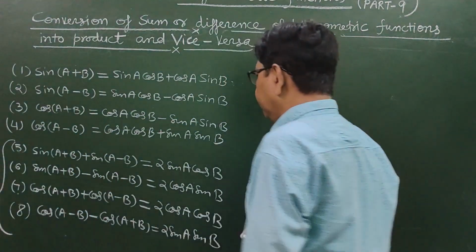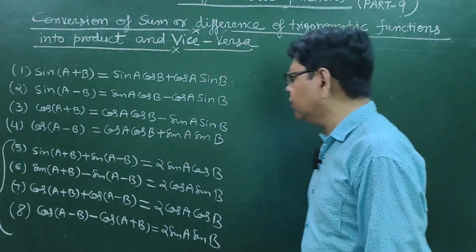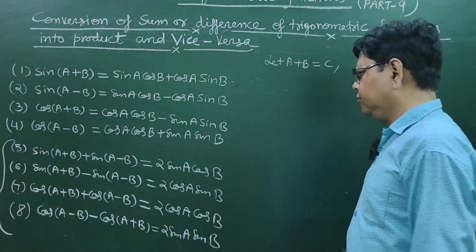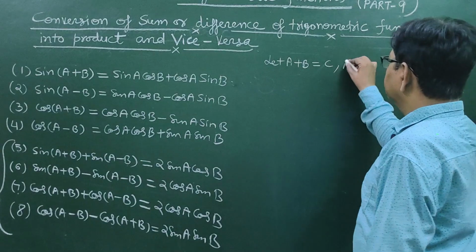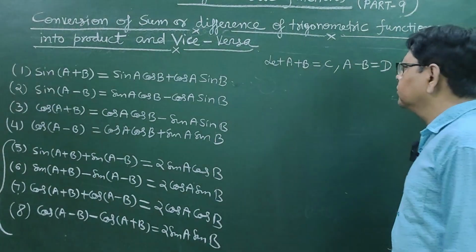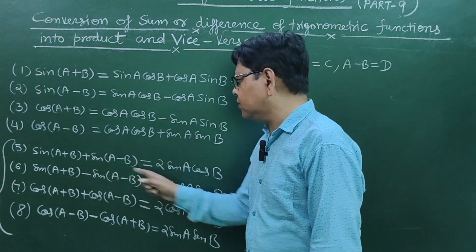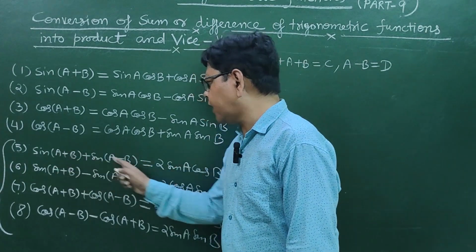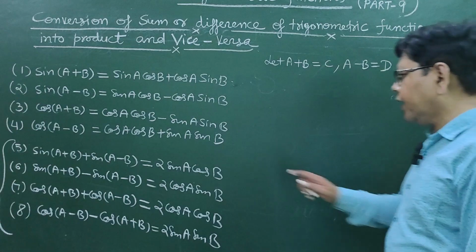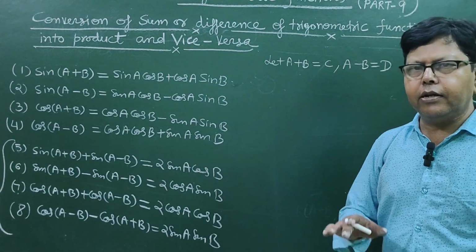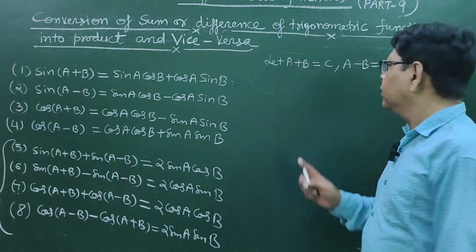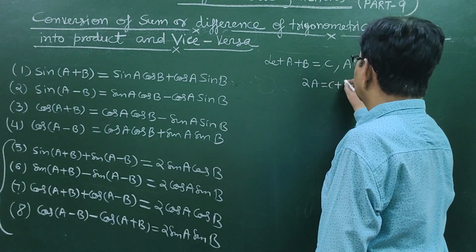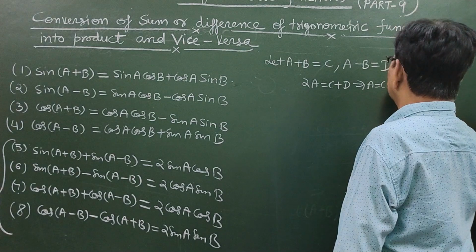Now, if I let A plus B is equal to C, and A minus B is equal to D, then the left hand side of this trigonometric function becomes the sum of sin C plus sin D, and in the right hand side we have A and B, so we will find the value of A and B in terms of C and D. So if we solve these two, then on adding we get 2a is equal to c plus d, which gives a is equal to c plus d upon 2.